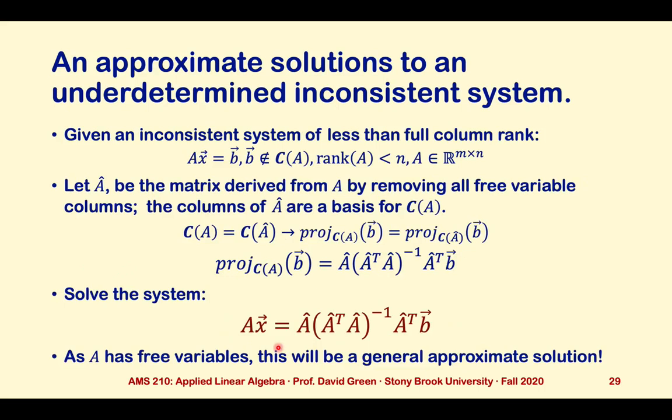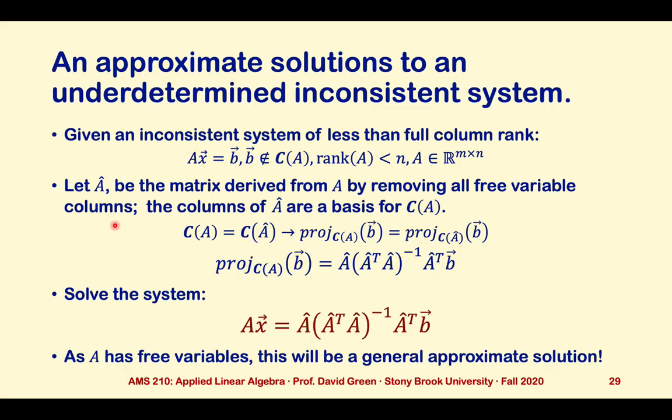When we have this sort of system, an inconsistent system of less than full column rank, we can still solve the problem by starting off with trying to find a basis for the column space. Let's define some A hat, which is a matrix derived from A by removing all of the free variable columns.